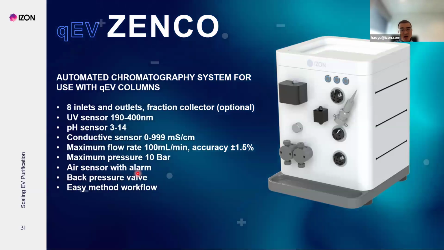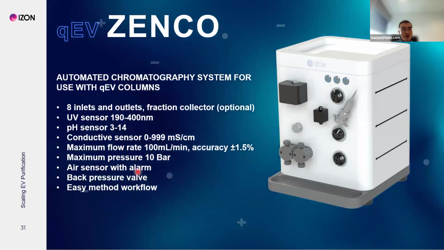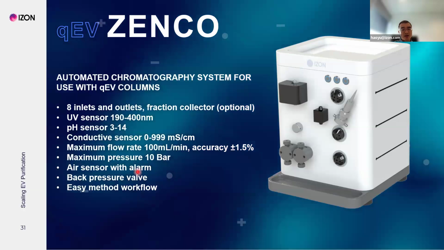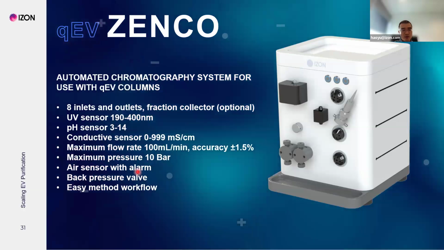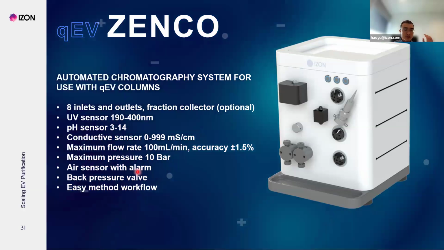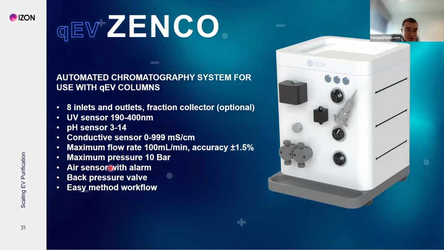If there are air bubbles in the system, it will definitely damage the resin. When the system detects an air bubble, it will stop, and it will give you an alarm to let you know there are a lot of air bubbles in the system. Usually there won't be. It's just a safety control of the air sensor.